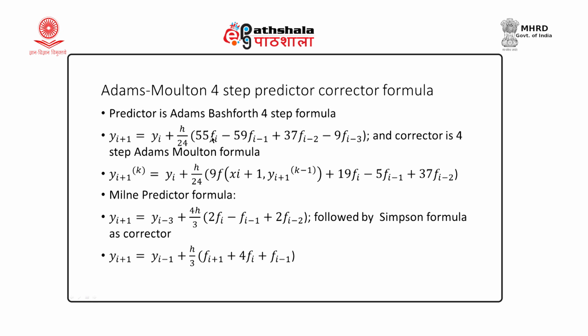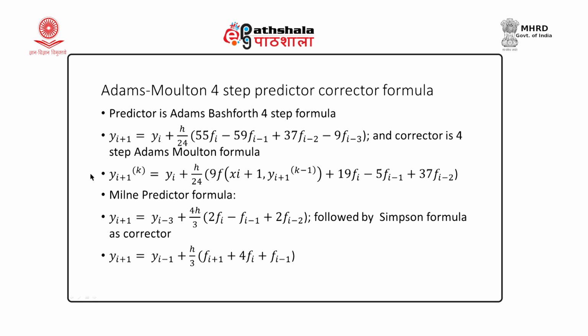The working will be: we have these 4 values, used to get yi plus 1. Once we get yi plus 1, with fi, fi minus 1, fi minus 2 available, this yi plus 1, the 0th iteration predictor, will be substituted here, like k equal to 1, the first step. So you have yi plus 1 from the predictor formula, which is substituted to get the value of yi plus 1 from the corrector formula.